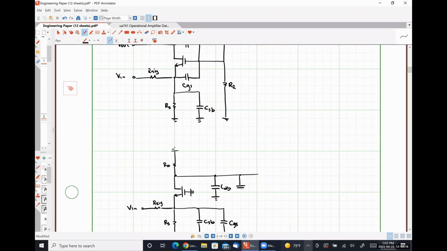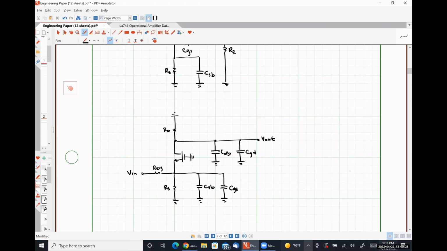And then because my gate node is at AC ground, I will also have CGD. And here is VF.